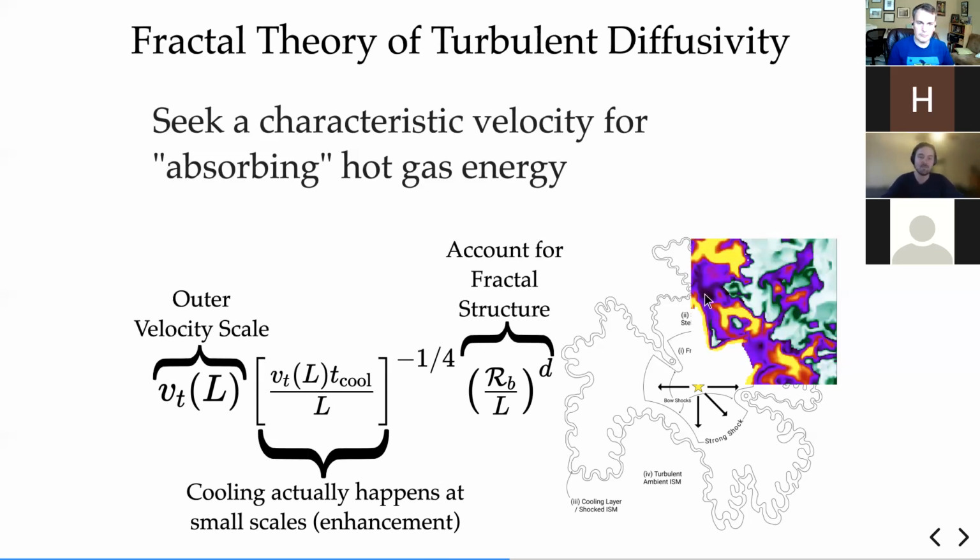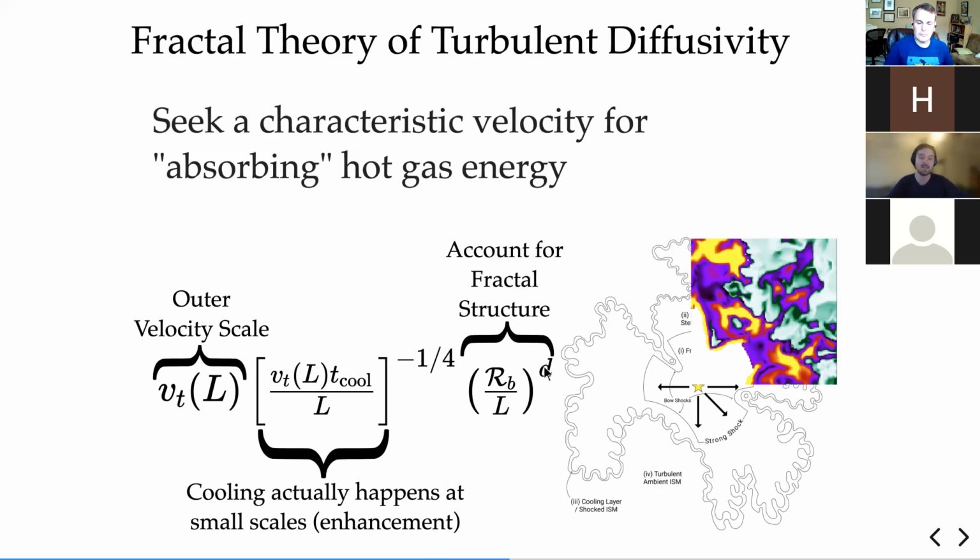And basically what this last term is doing is accounting for that enhancement that you get. What I'm showing here is the effective bubble radius that I mentioned before. This is again L, the scale on which you're measuring the outer part of the turbulence. And this D here is what we call the excess fractal dimension, which is again something that you can measure in our simulations.